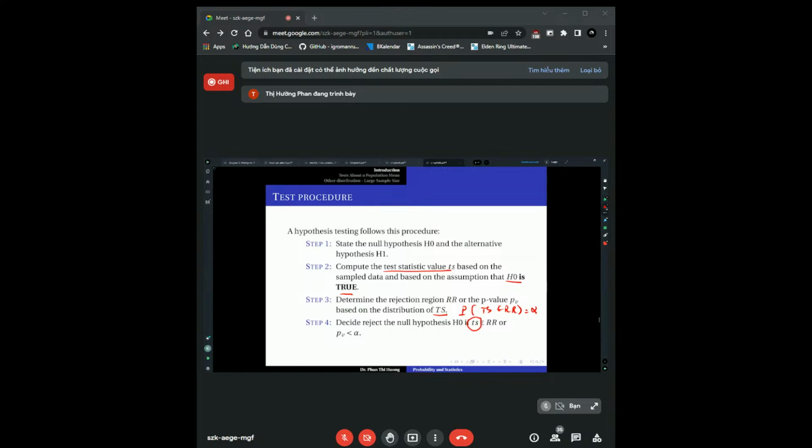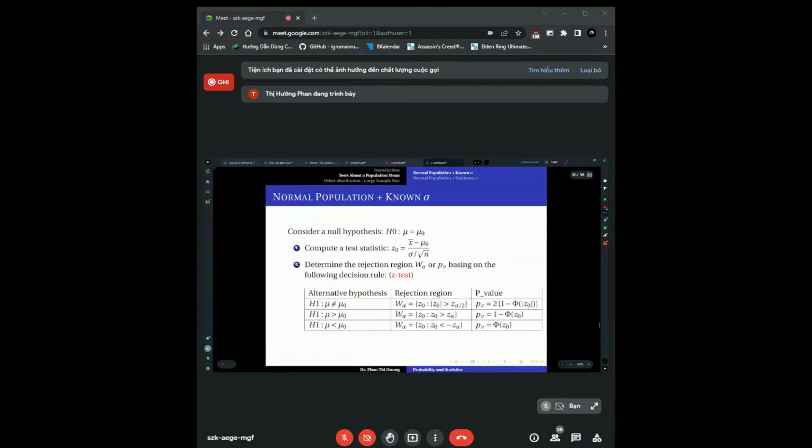Of course, now we need to apply it to some particular cases to see how we could construct the hypothesis testing. Similar to confidence intervals, we also classify our work into four cases based on different assumptions.